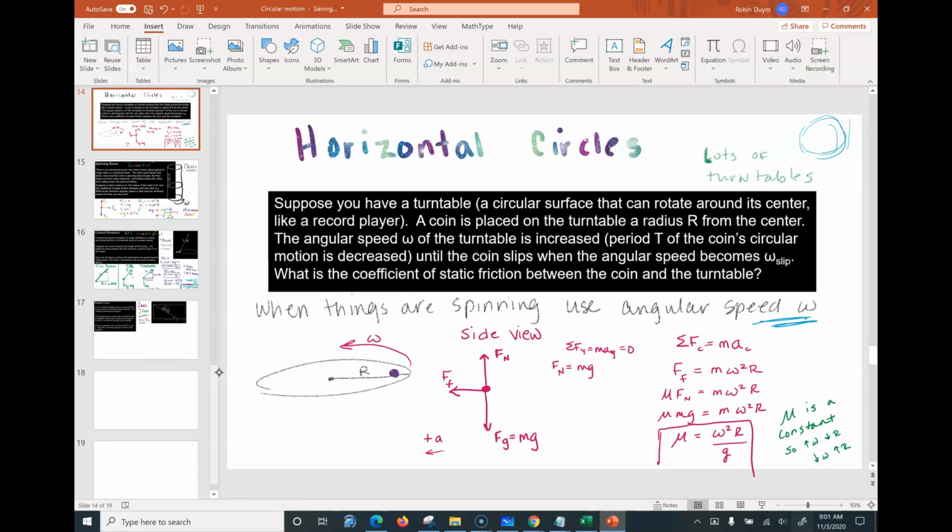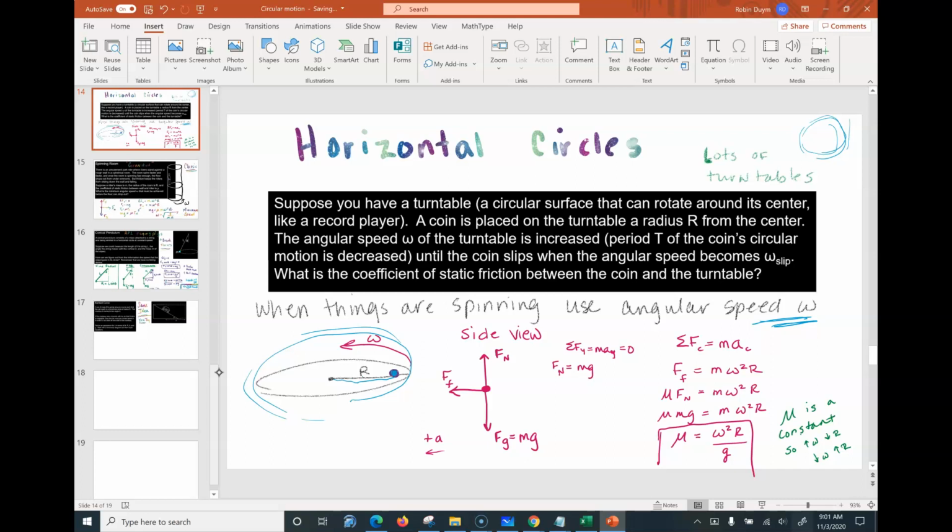So here's a picture, and if it's spinning around like this, we have this little coin, right? A coin is placed right here. So this would be considered the radius. It could change. You could put it closer, you could put it further out, it doesn't matter. We're just going to define it as r for radius.